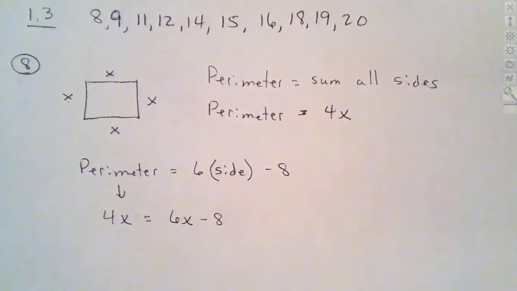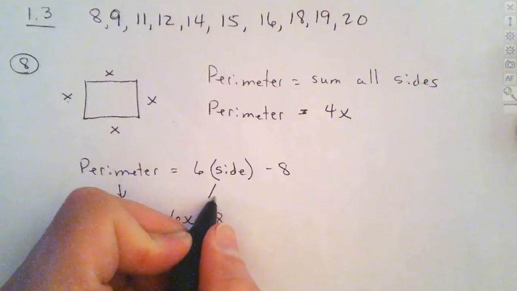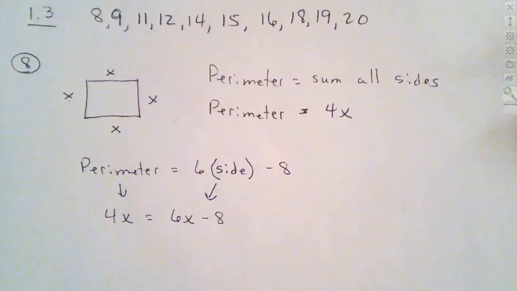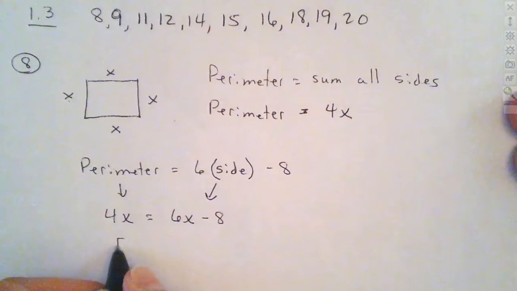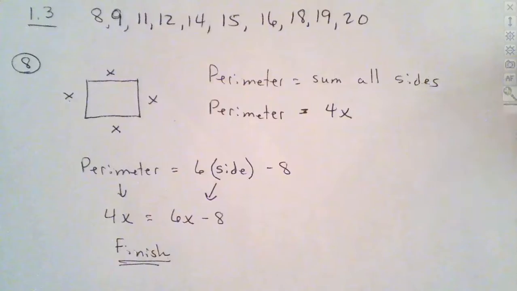So there's your equation. You can go ahead now and finish out this equation, solve it, and you will find the value of x, which is going to be the length of the side of a square. So you can finish it from here, but now you have the equation.